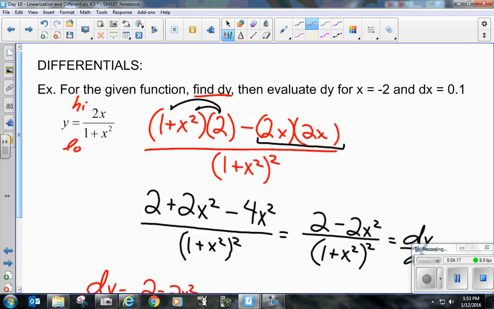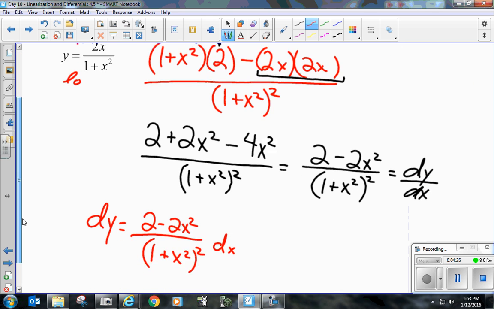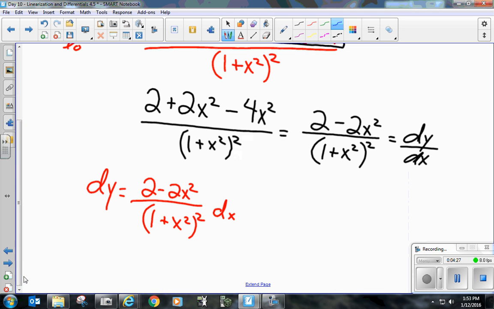What else do they want? They want us to evaluate dy when x is negative 2 and dx is 0.1. So, x equals negative 2 and dx equals 0.1. Just plug in and solve. Plug in and solve. Okay?